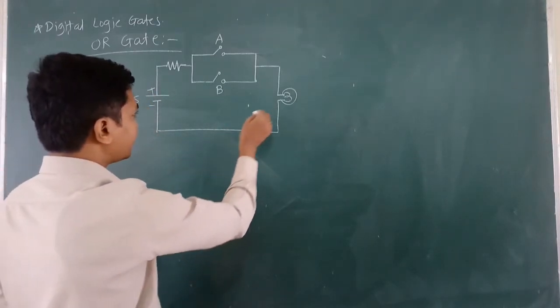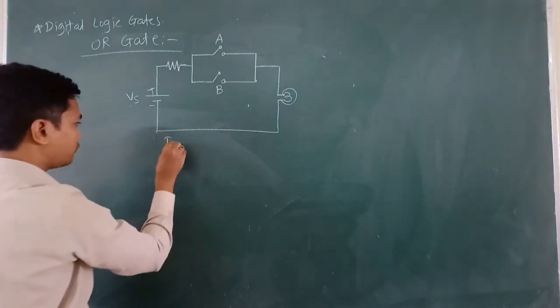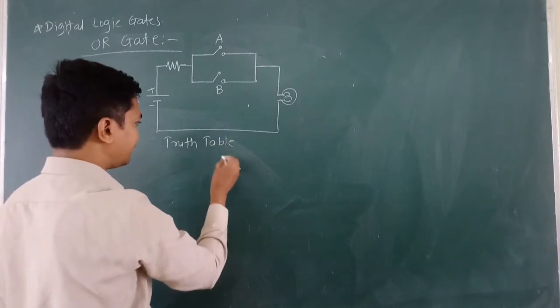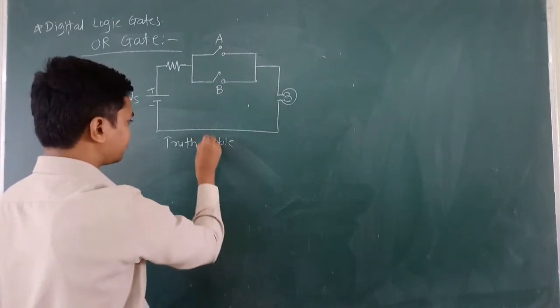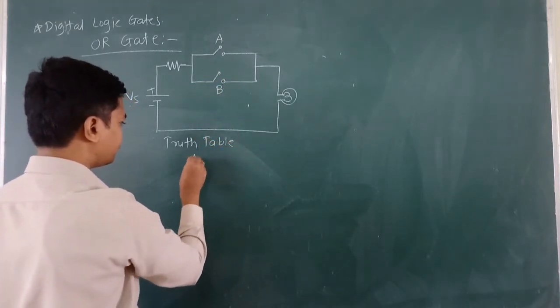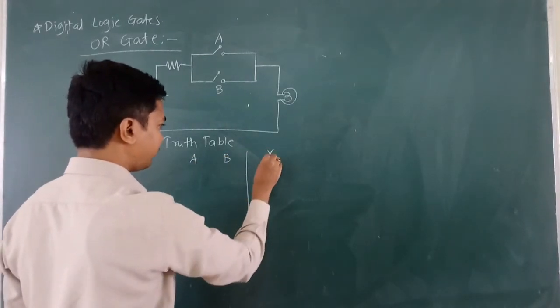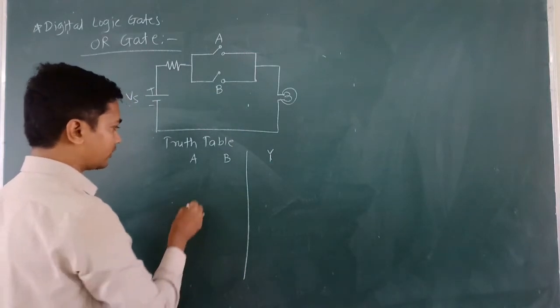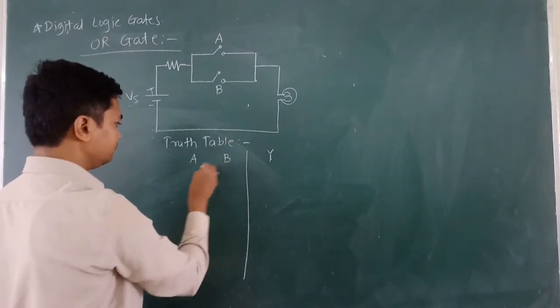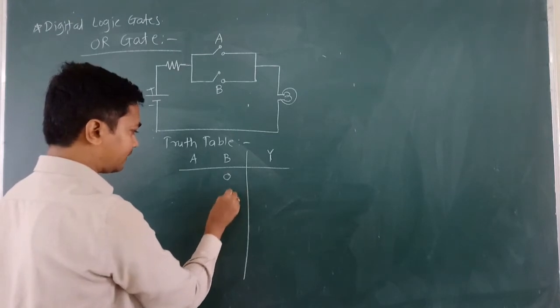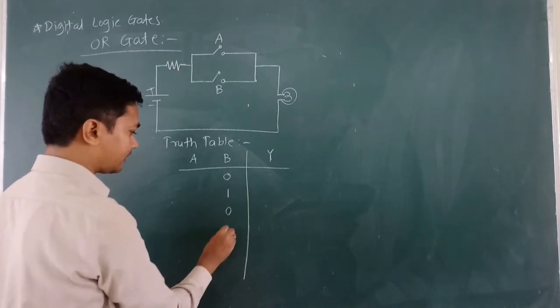Now, if I want to form the truth table of the OR gate, A and B are the inputs and Y is the output. As I told you, write single 0, single 1, single 0, single 1.